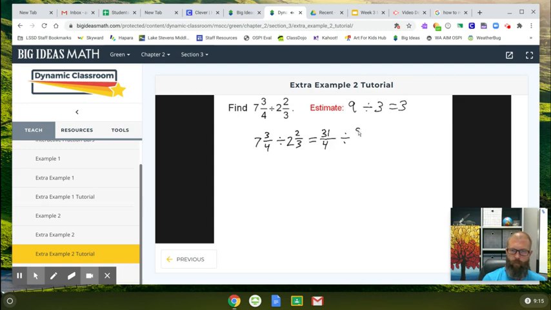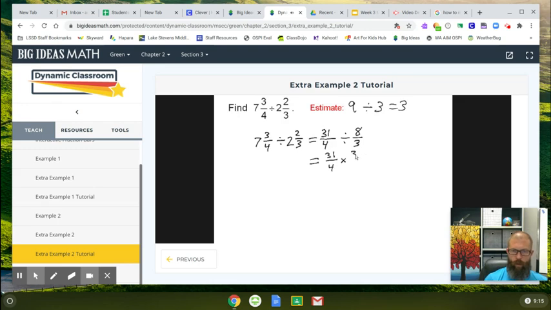31/4 divided by 8/3 can be rewritten as multiplication. Don't divide. 31/4, flip and multiply, times the reciprocal of 8/3, or 3/8. Now we're ready to multiply the numerators and denominators.